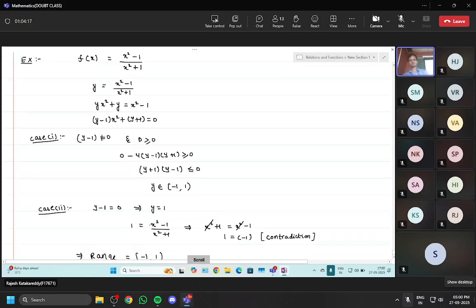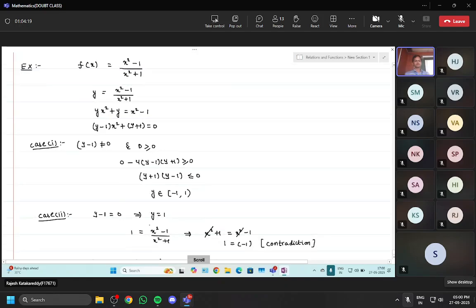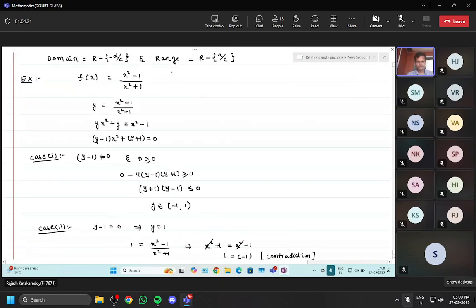Copy this, please. This concept or this method you can use if it is quadratic divided by quadratic.